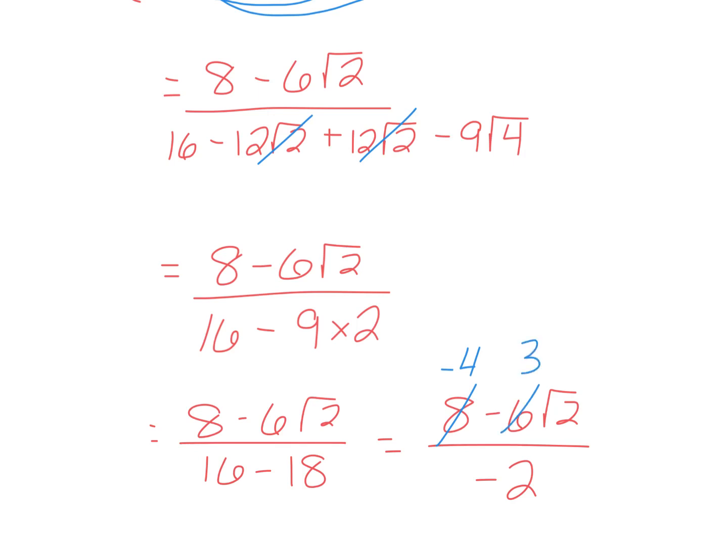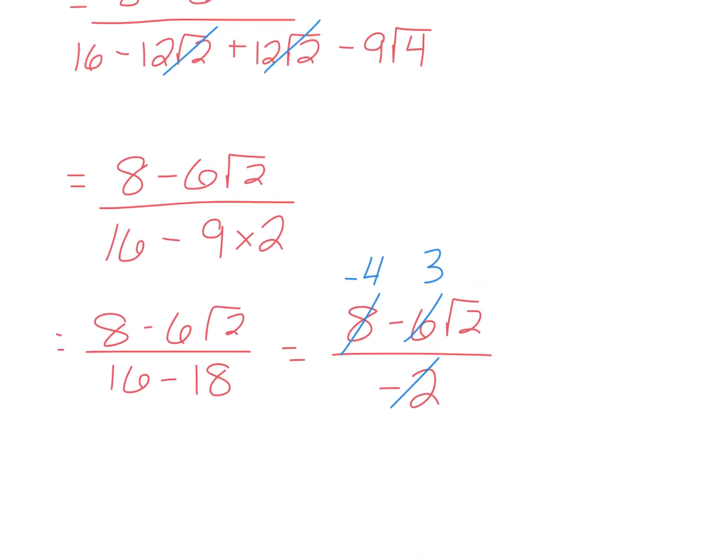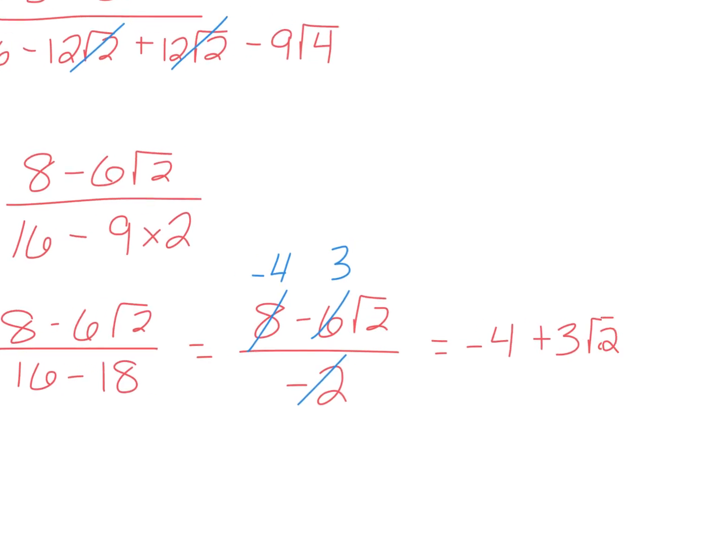Positive 3. So our final answer is negative 4 plus 3 square root of 2. Like I said, if you got to this point, that's awesome. I'm not going to dock you if you don't go that further step.